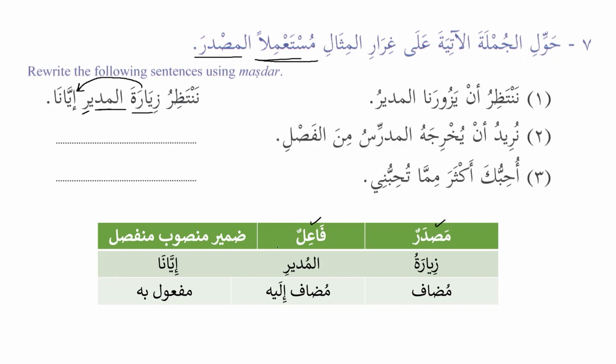And then after that, we have to bring the detached pronoun, damir mansub munfasil, and that will be used as maf'ul bihi. So this is a breakdown: masdar, fa'il, damir mansub munfasil, mudaf, mudaf ilayh, and maf'ul bihi. So this is a very important construction. That's why I decided to break it into different parts so we can understand it clearly.